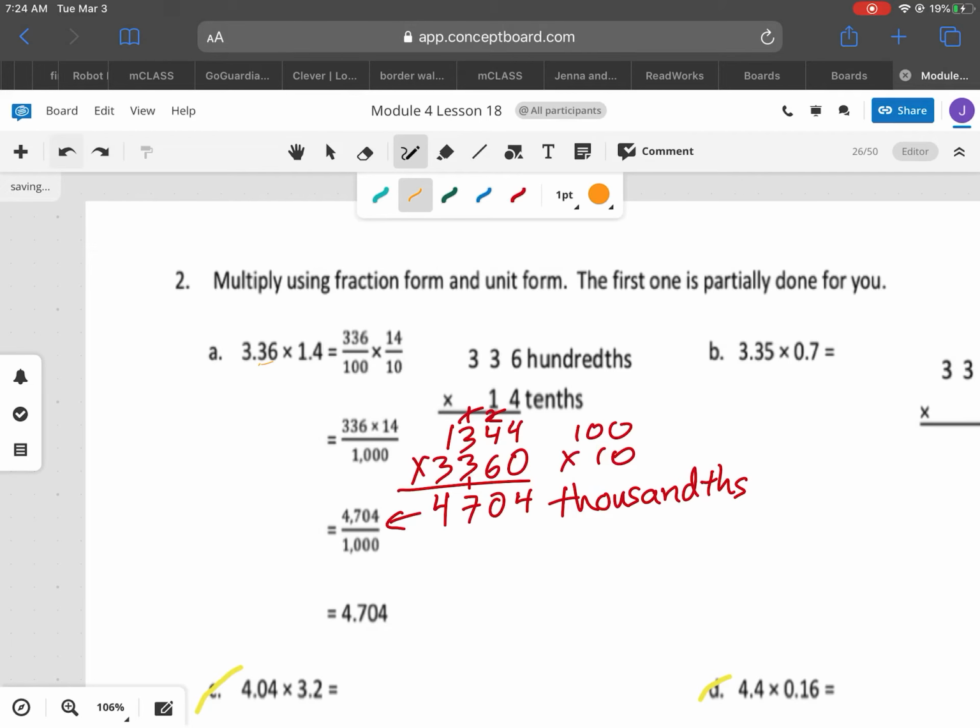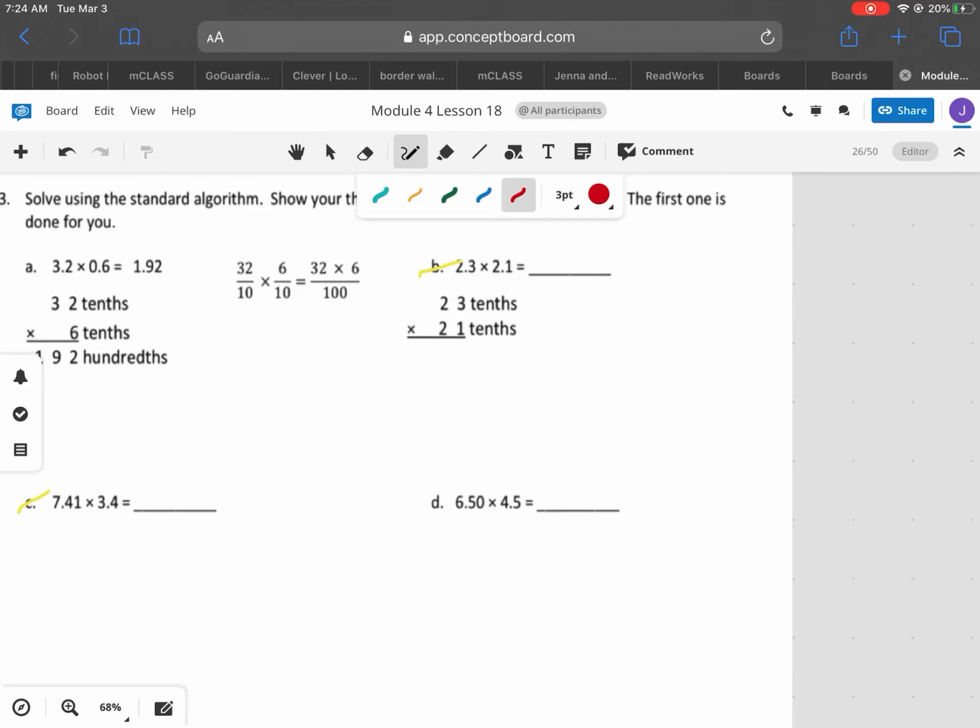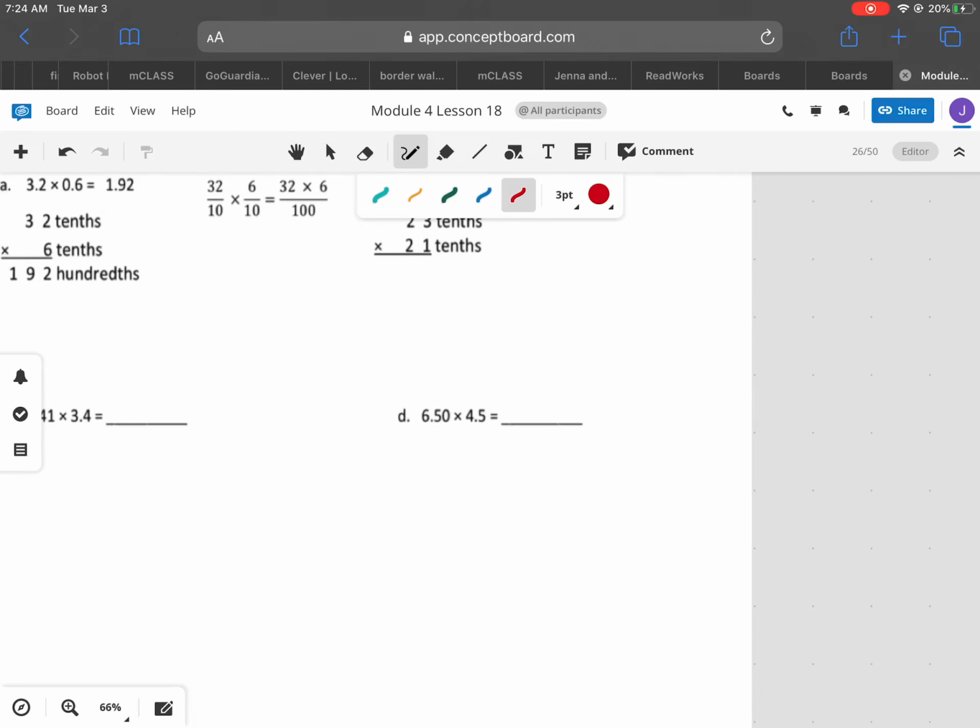All right. So I think I'm going to stop there. I think you have enough examples from that first page that I did. Hopefully you will, let me look at this one here. Again, this is 650 hundredths times 45 tenths.